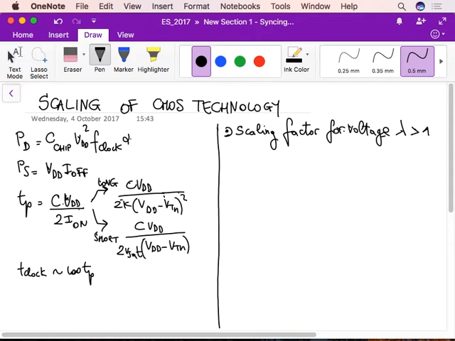And let's assume that the scaling is larger than 1. So lambda equal to 2 means that we divided by 2 all the voltages. And then we can assume a different scaling factor for geometry, which we call S.